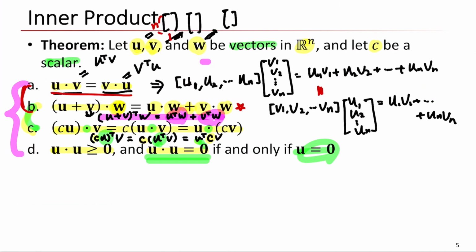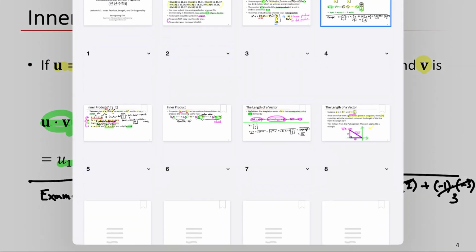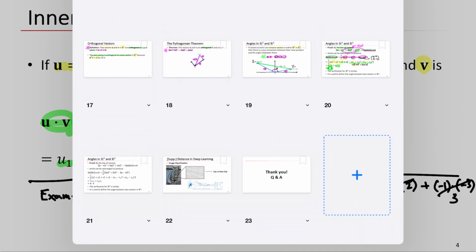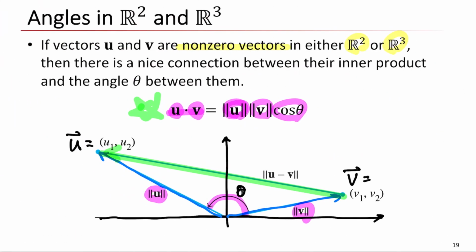If you go back to the original definition of the inner product, it was something like this. But if you know the lengths of vector u and vector v, you can compute the inner product between them using the theta between the two vectors, right? So why is this property useful?